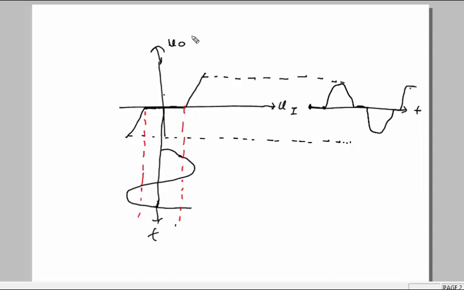For this, the input was like this. Suppose I make this line, this was the input. What happened here is that this band represents the positive side, and similarly this represents the negative side.